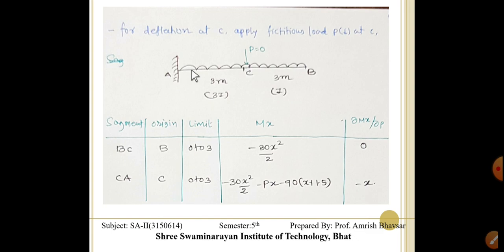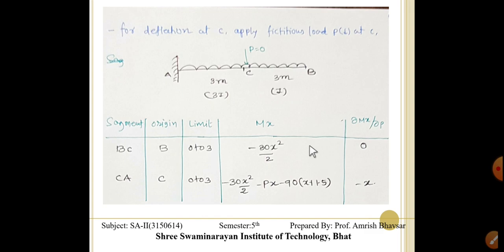So, what will we get? Segments B to C, C to A, origin B, origin C, limits 0 to 3, 0 to 3, here 3EI and EI.